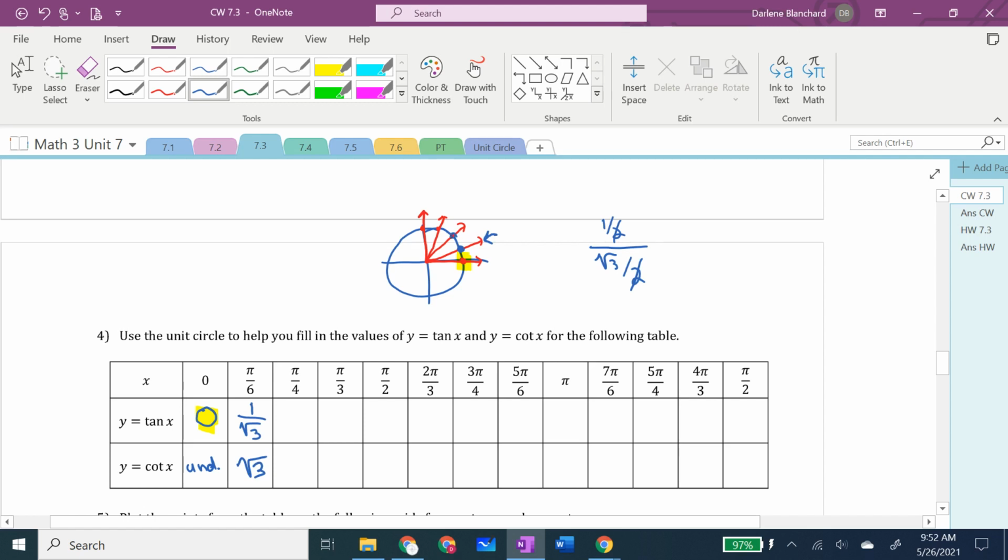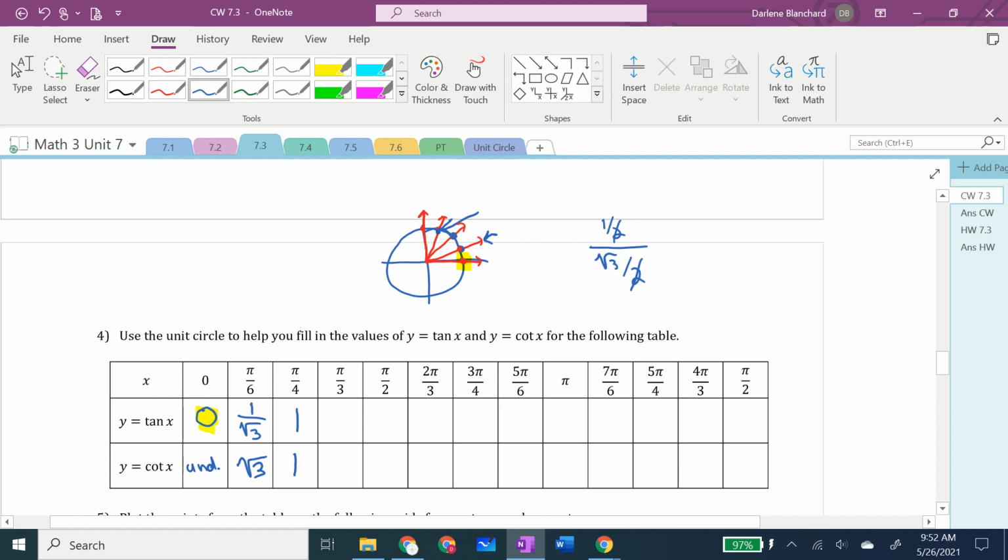At pi over 4, do you remember that this is where the y and the x coordinates are equal? The tangent value is 1 at pi over 4. And so cotangent, it's also a value of 1. When I move over to pi over 3, at angle pi over 3, my x and y are actually swapped from what it was at pi over 6.